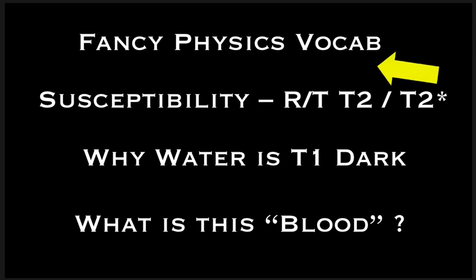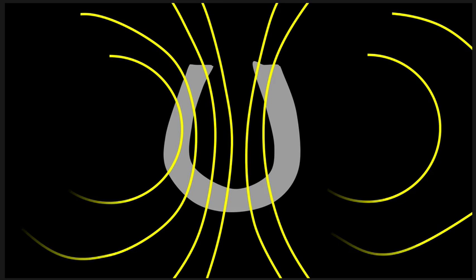So let's start out with the fancy physics vocab. Now, the first word that I want to introduce is susceptibility. What does that actually mean? So susceptibility is a measure of the extent to which a substance becomes magnetized when it's placed in an external magnetic field.